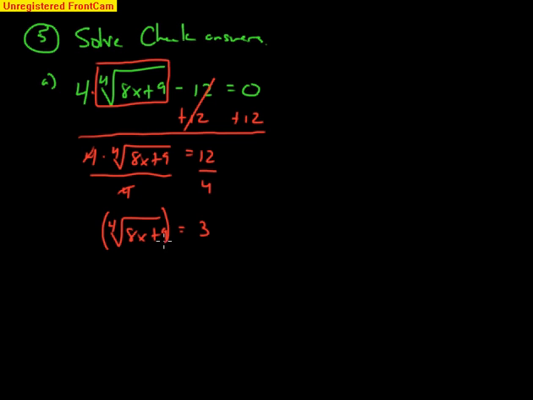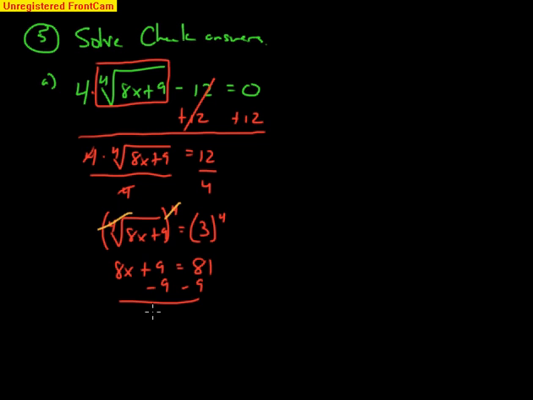Now, to get rid of this 4th root, we're going to introduce the 4th power. You raise both sides to the nth power, and your n is 4. So that's going to cancel out the radical with the exponent, and the 8x plus 9 drops down. And over here, 3 to the 4th, use your calculator, is 81.